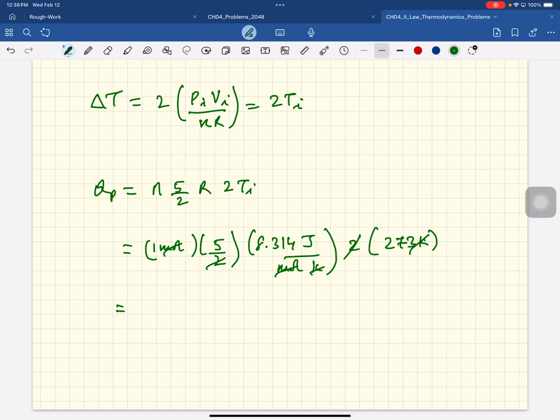That's how many joules you add. So 11.4 kilojoules of heat is added to warm that gas.